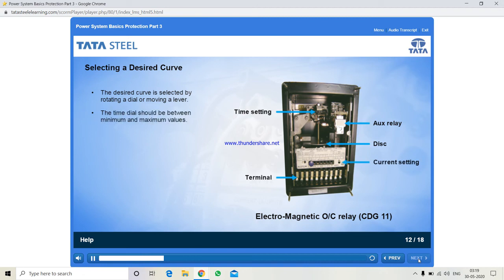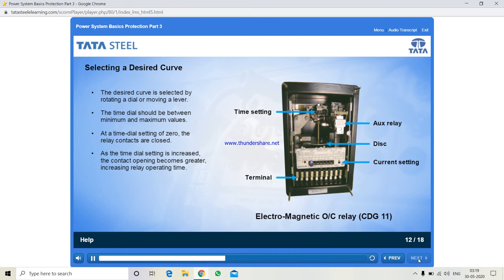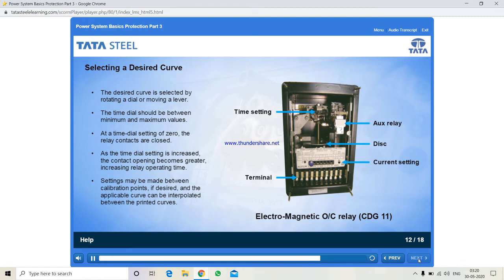The time dial should be between minimum and maximum values. At a time dial setting of 0, the relay contacts are closed. As the time dial setting is increased, the contact opening becomes greater, increasing relay operating time. Settings may be made between calibration points, if desired, and the applicable curve can be interpolated between the printed curves.